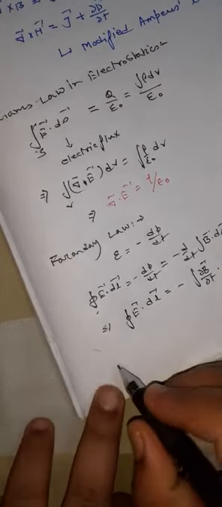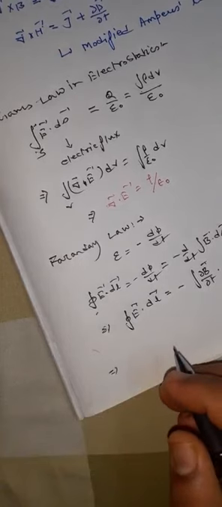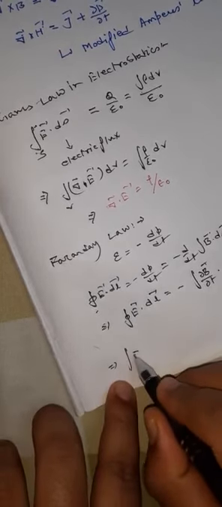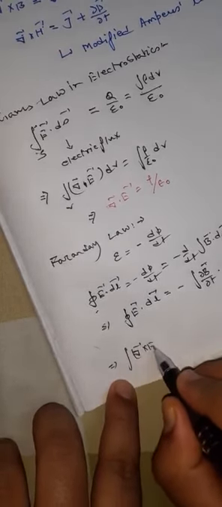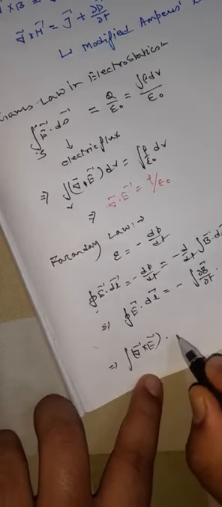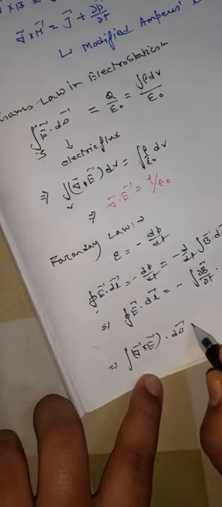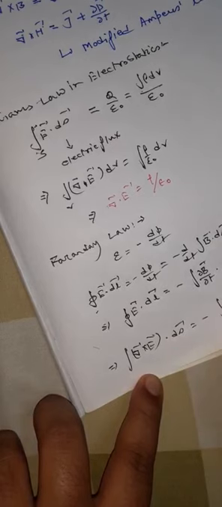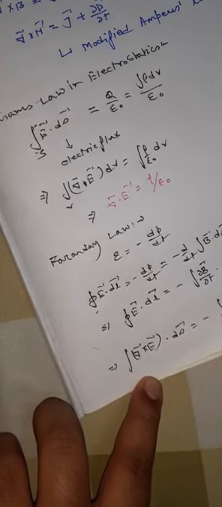So now we can use Stokes theorem in vector form, and I can write it as the surface integral of curl of E dot ds is equal to minus ∂B/∂t dot ds.